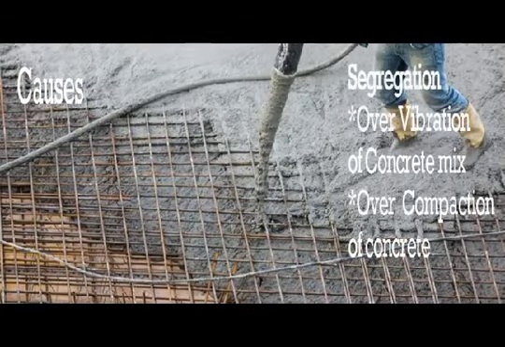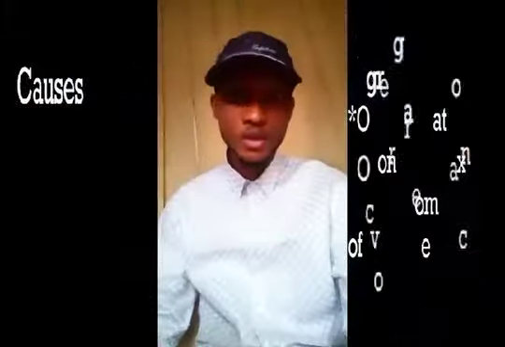It is also caused by over compaction of concrete. Segregation is one of the major signs of bad concrete work during construction. And any concrete that has segregation means that that concrete is not workable. The concrete has no workability, and this can reduce the strength and durability of the concrete or of the building structure.